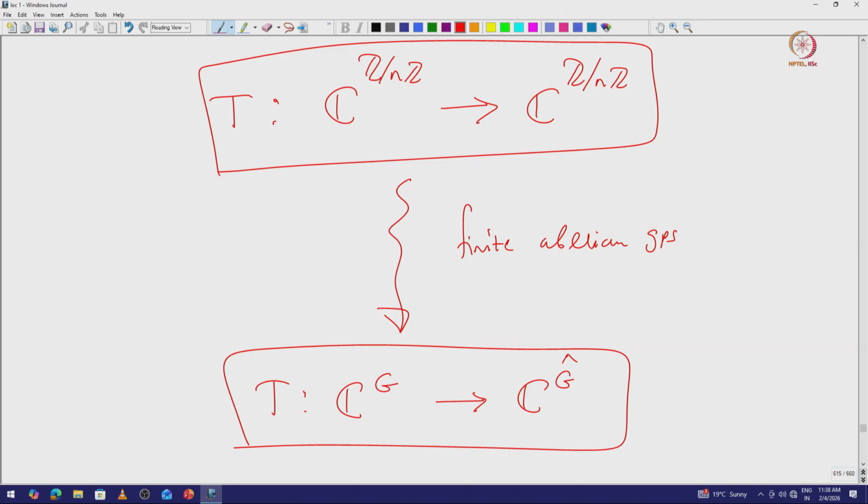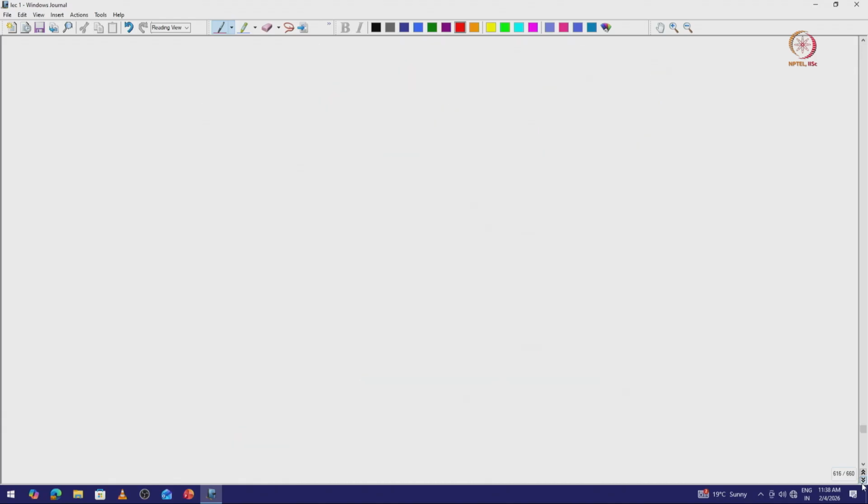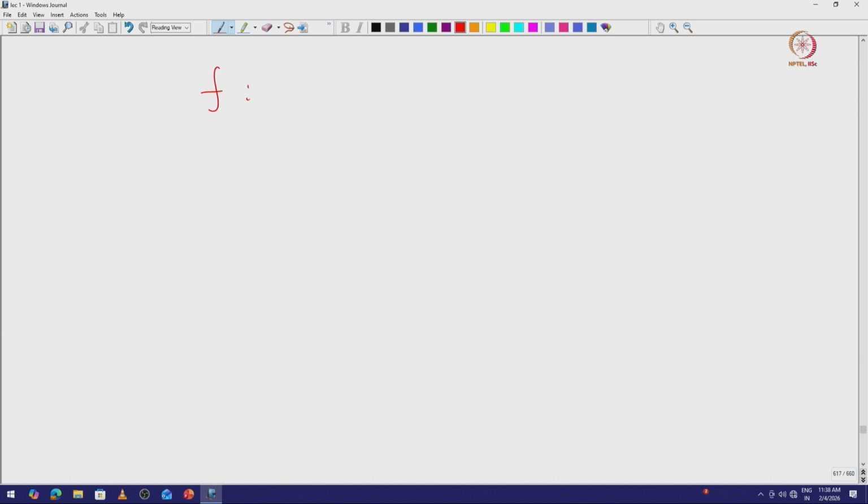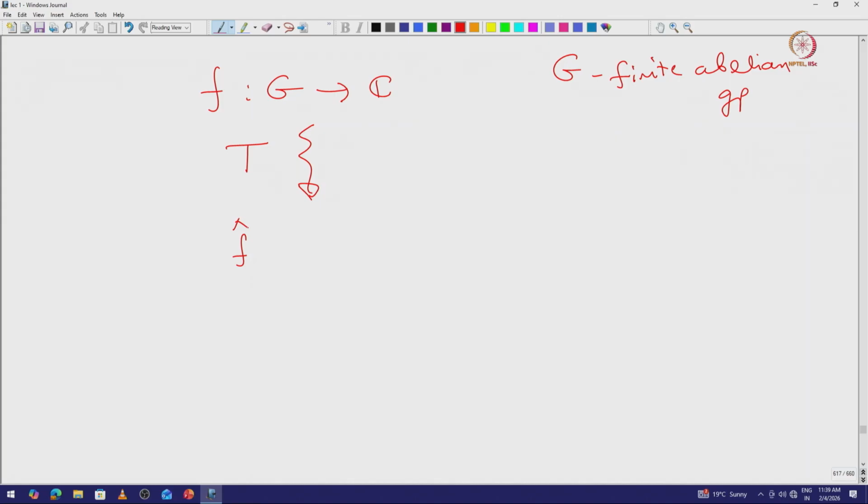So, let us directly define the Fourier transform. Given a complex valued function f from G to C, where G is a finite abelian group, this capital T is called the Fourier transform. It maps f to f hat, which is a map from G hat to C. It takes the value f hat of chi.